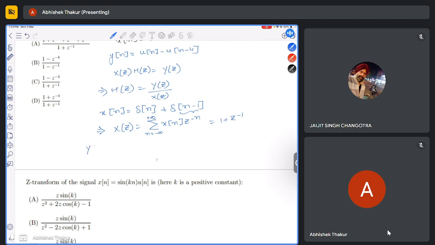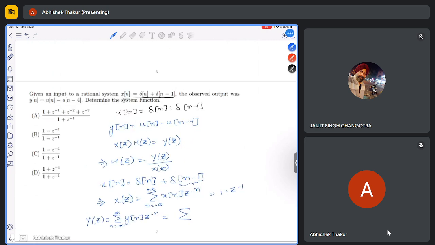Now y of z we can write using the definition of the z transform as the summation of y of n into z to the power of minus n. See, y of n, what is the value?